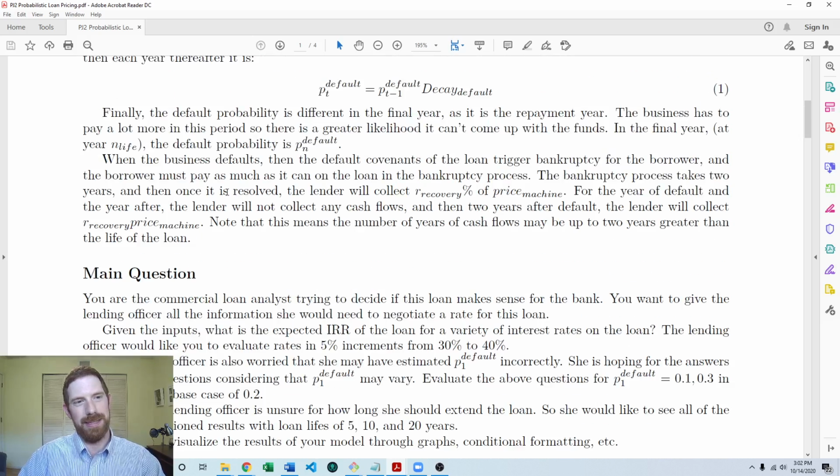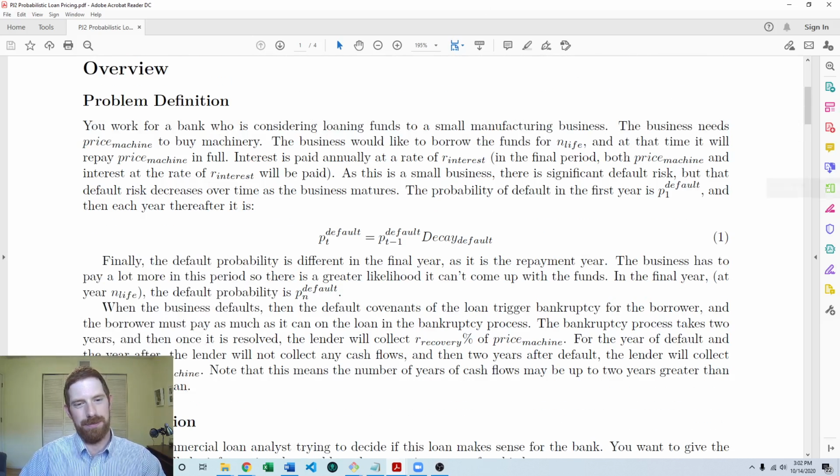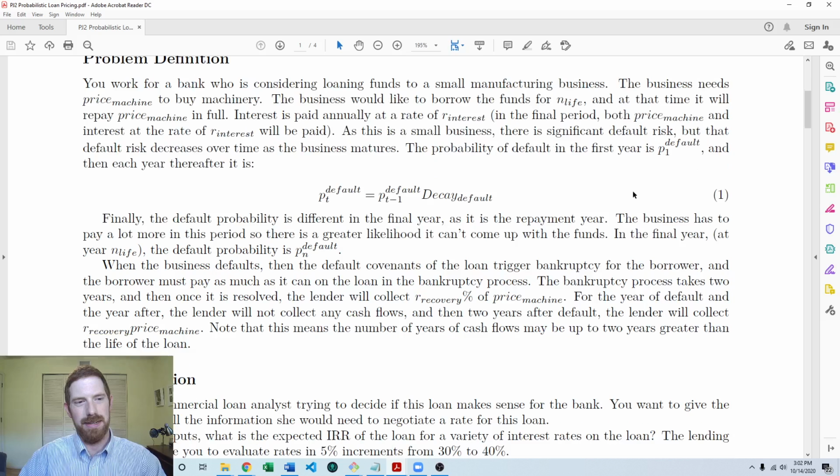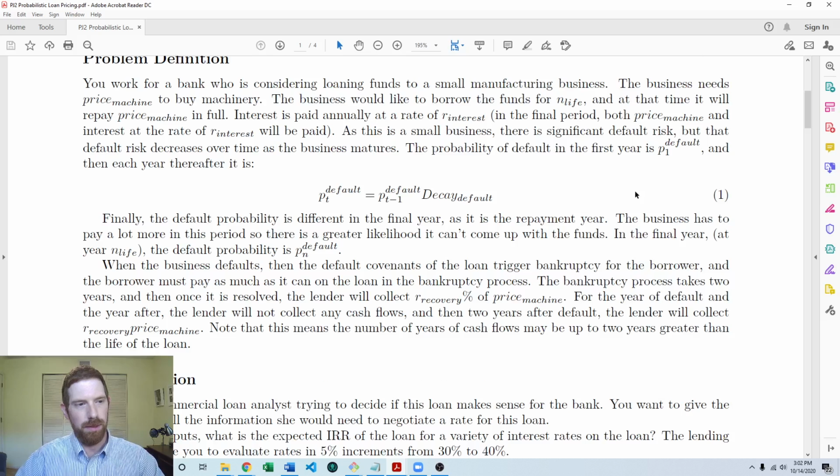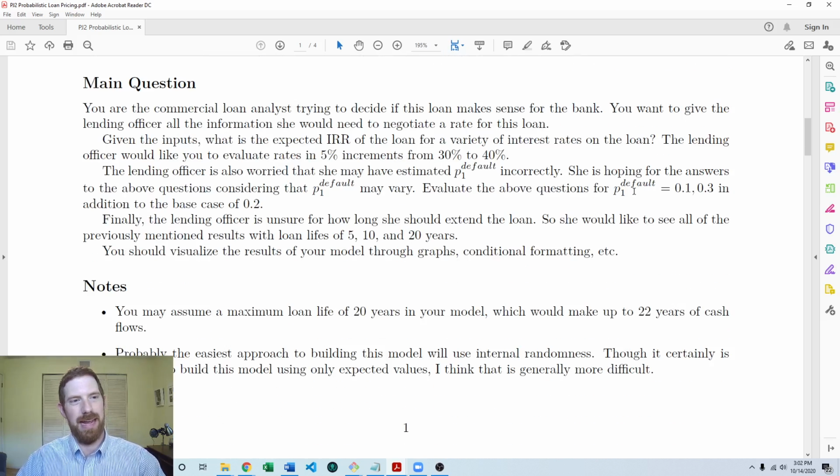So this is a fairly realistic kind of model to determine basically what terms the bank should offer on the loan. And so the main question here is, you're the loan analyst trying to come up with what are the appropriate terms for this loan based on what we know about the borrower.